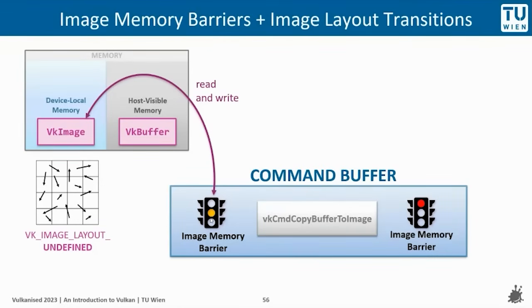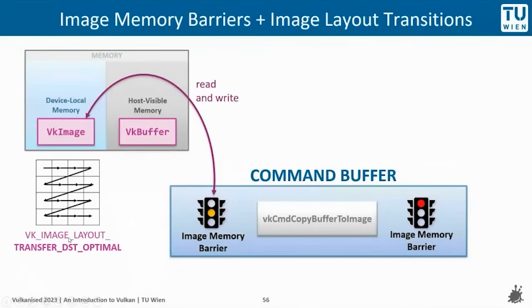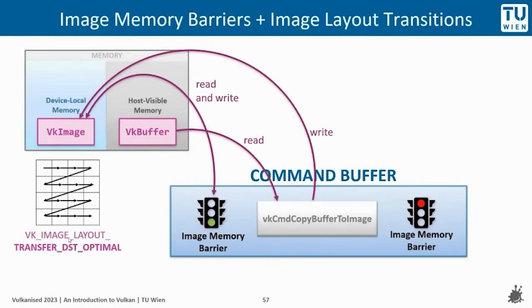So here the image layout transition happens. We transition it into the transfer destination optimal layout. Then the barrier finishes and allows the command buffer to image operation to read from the VkBuffer and write into the VkImage.